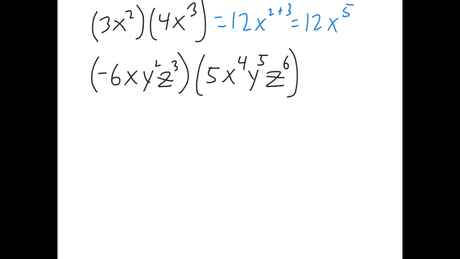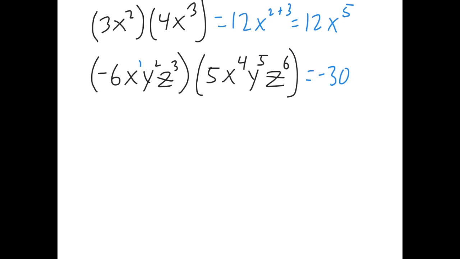First, the numbers. Negative 6 times 5 will give us negative 30. Then x times x to the 4th. One thing to note, if you have just x by itself, it's always to the 1st power, so x to the 1.